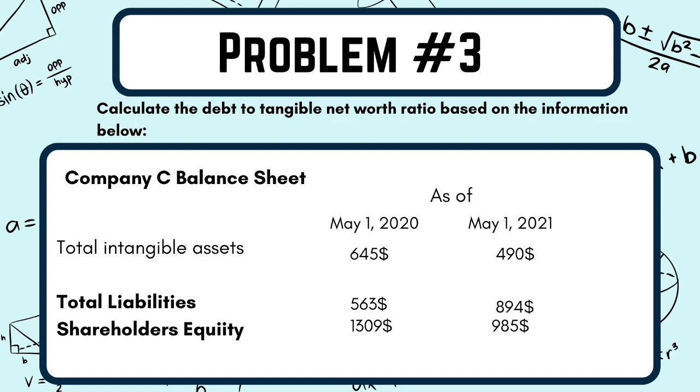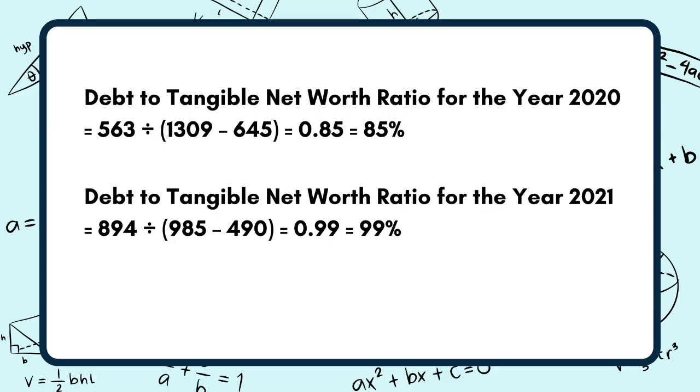So the calculation is: debt to tangible net worth ratio for the year 2020 is $563 for total liabilities divided by 1,309 for shareholders' equity minus 645 for intangible assets is equal to 0.85 or 85%.